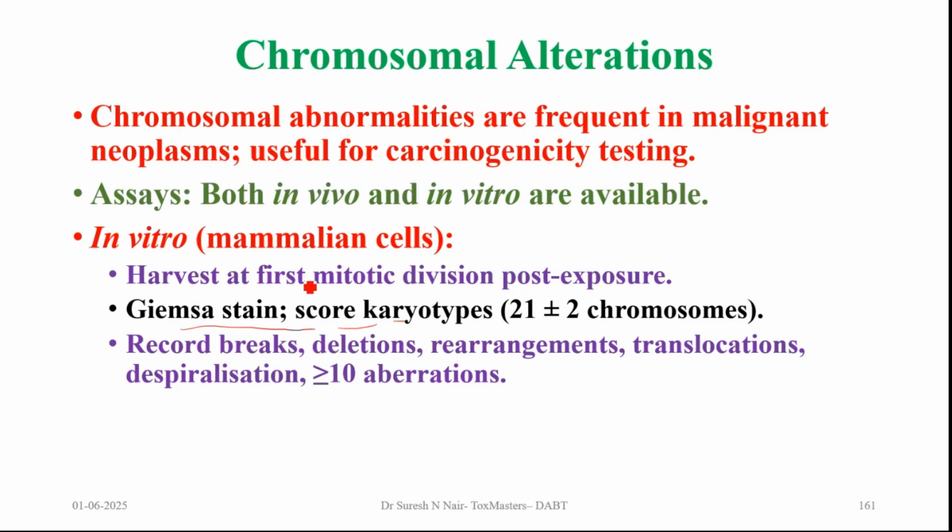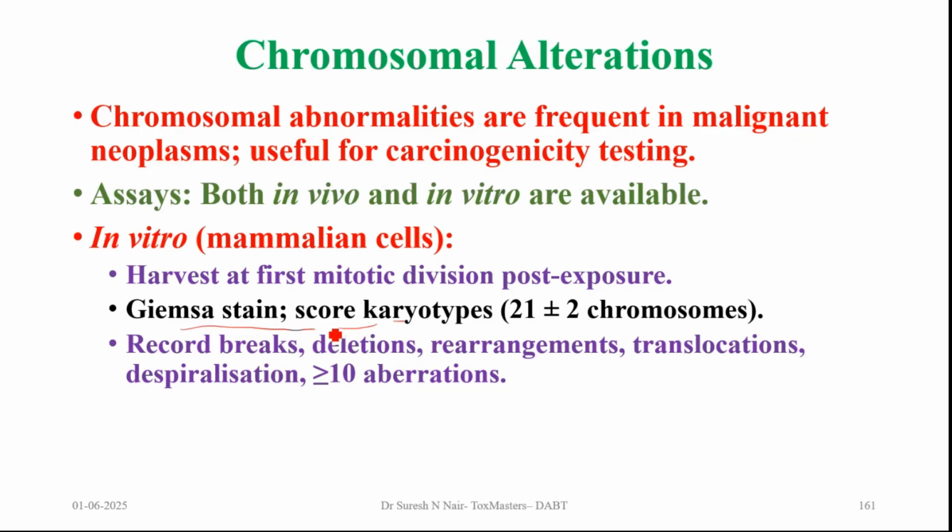We visualize the metaphase chromosomes during cell division, and we see whether there are 23 sets of chromosomes present there. If there is any gross change in the chromosome, like a break, deletion, rearrangement, translocation, or despiralization, everything will be counted.